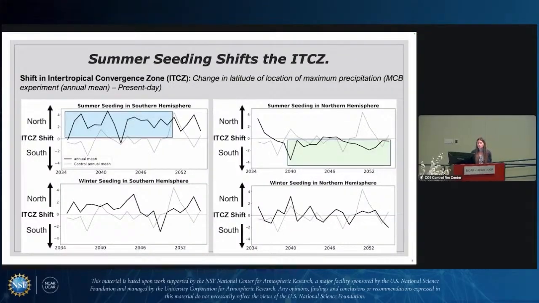And we also consider the impact of our experiments on precipitation rate, specifically focusing on whether or not we shift the ITCZ. So the graphs here just give you an idea of whether the ITCZ is shifting north or south. And we find that these summer seeding strategies shift the ITCZ toward the hemisphere opposite where MCB is deployed, so shifting toward that warmer hemisphere, whereas the winter seeding strategies do not demonstrate that same shift.